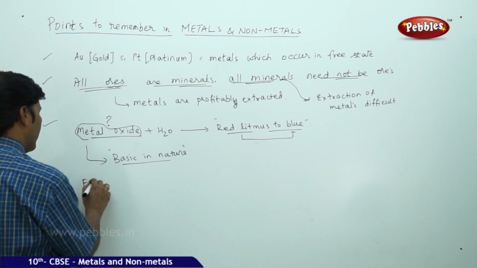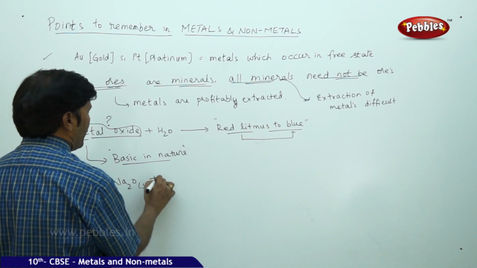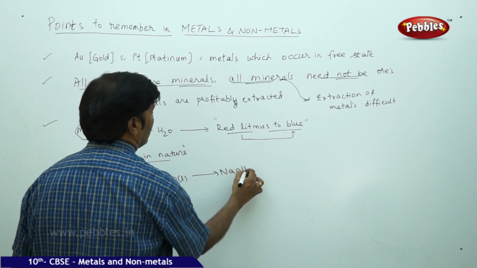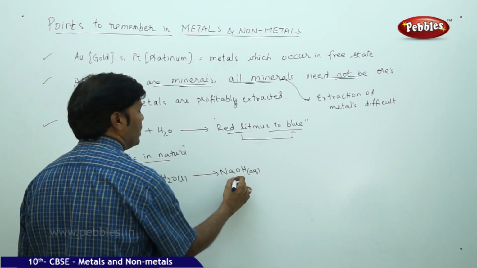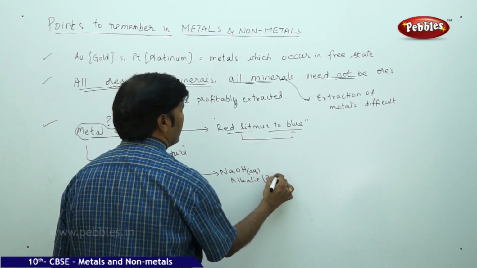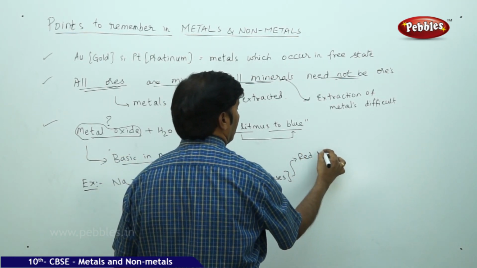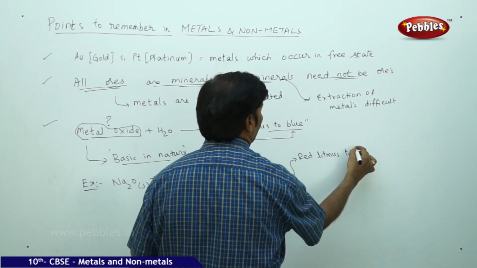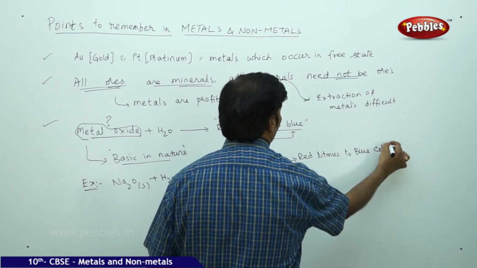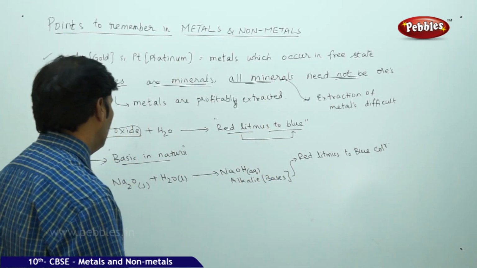For example, sodium oxide solid dissolved in water, liquid, gives NaOH aqueous. It's an alkali, or a base. Bases always change red litmus to blue litmus color. So only metal oxides can change red litmus to blue litmus.